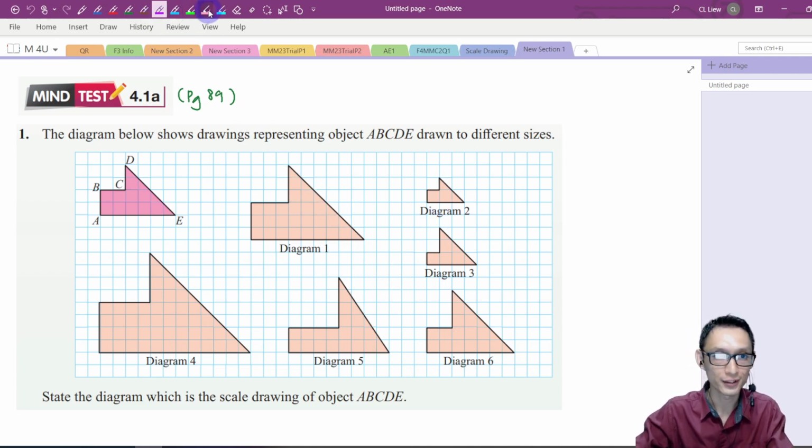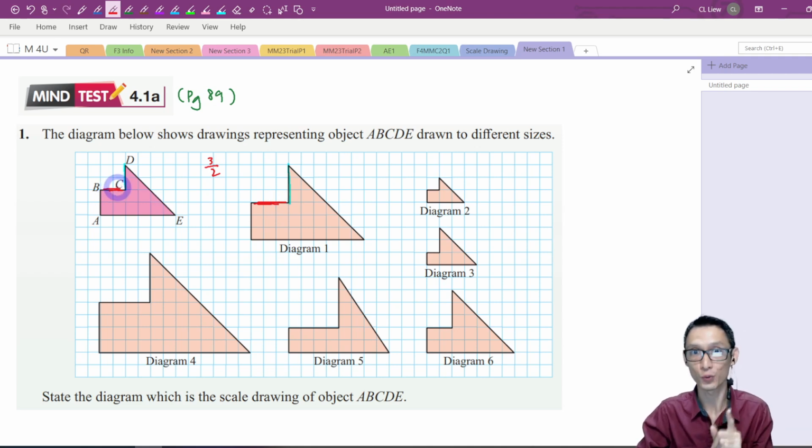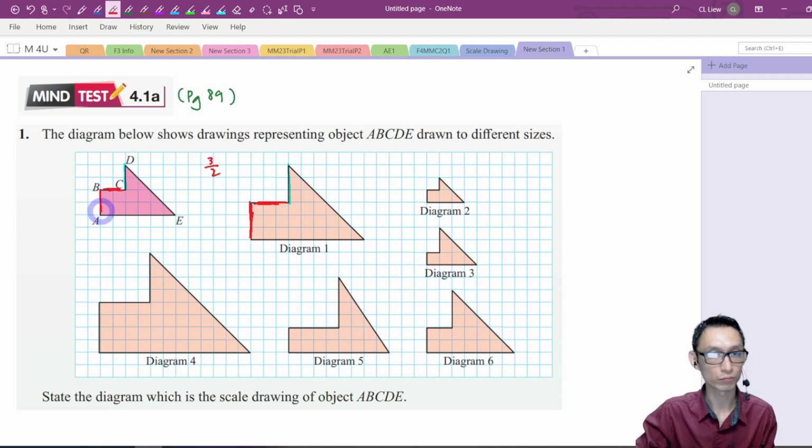Okay, now let's check one by one. Let's compare these. This is 3, this is 2. When you take 3 divided by 2, you get 3 over 2, right? How about this? Still the same thing, 3 divided by 2, you get 3 over 2 as well. So this is 1, 2, 3, 4, 5, 6.